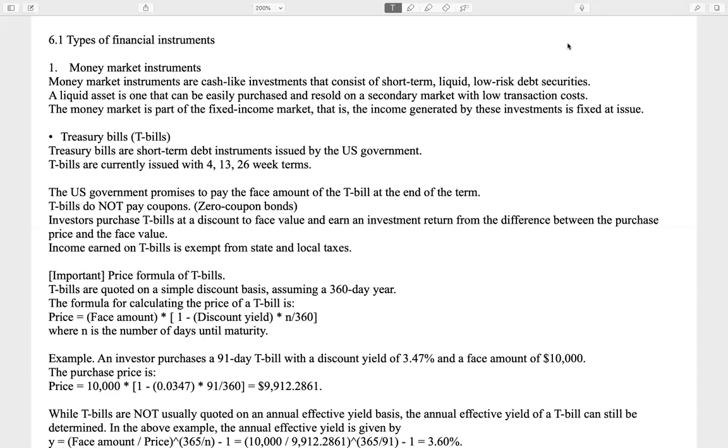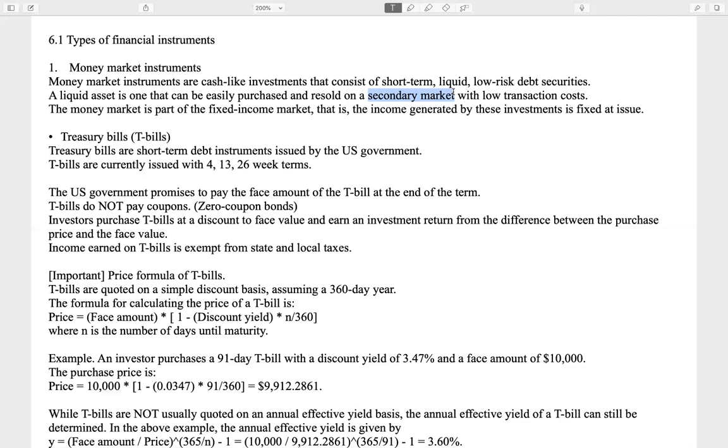So it's about borrowing, about loans. When we talk about liquidity, a liquid asset is one that can be easily purchased and resold at a secondary market. You can think of the secondary market as, let's say, the stock exchange. Those are the secondary markets with very low transaction costs.